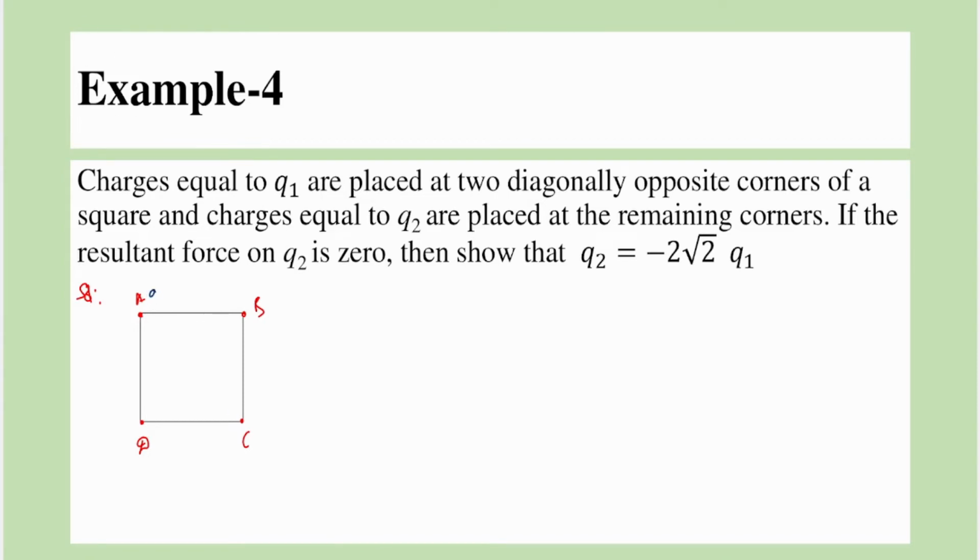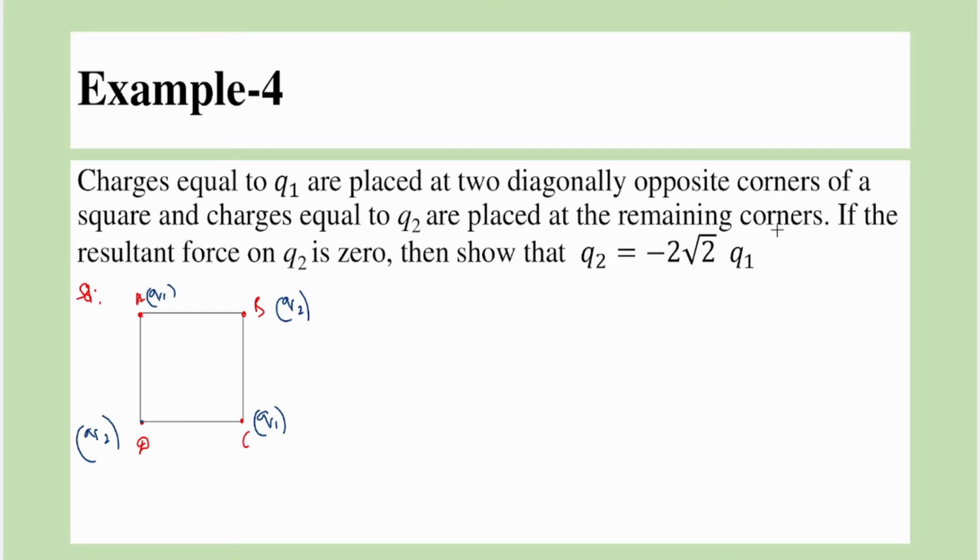For example, if the charge is Q1 at A, opposite to A would be point C, so the charge here is again Q1. The remaining corners are B and D. So the charge placed at point B is Q2 and the charge placed here, at D, is also Q2. So we have 4 points and two charges have the same values.